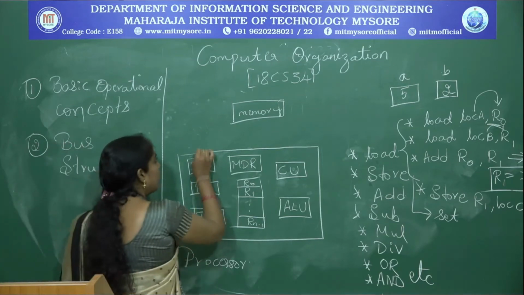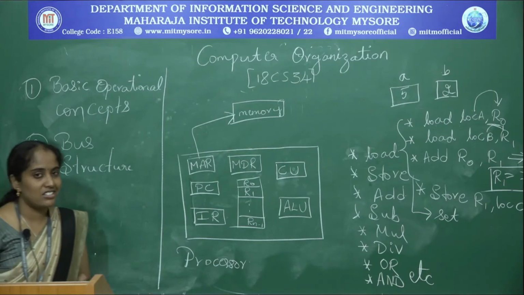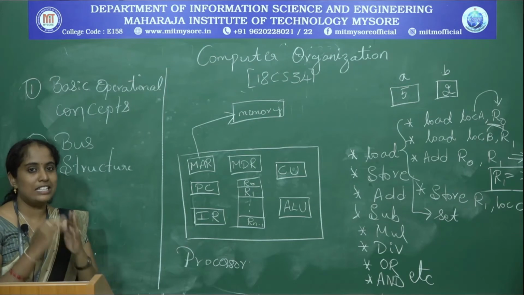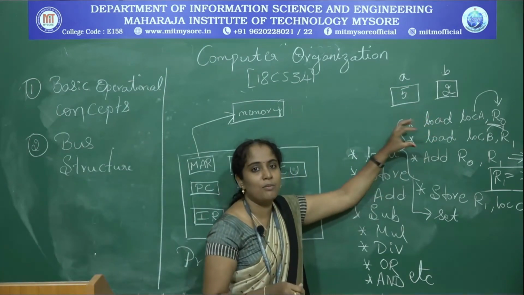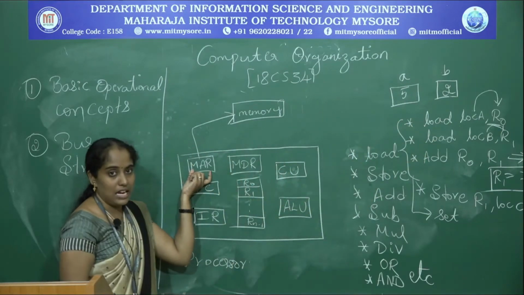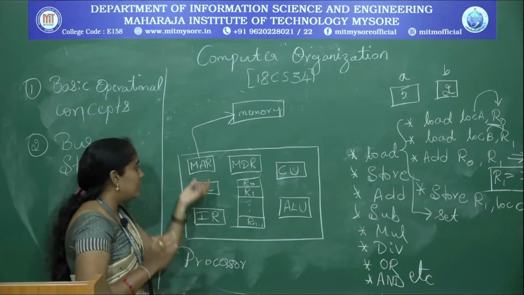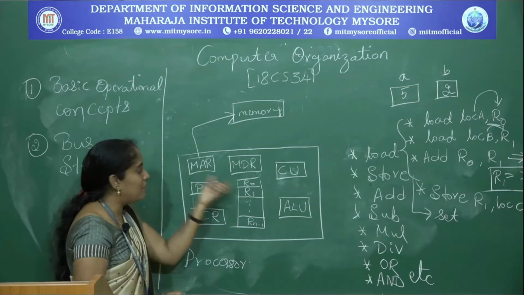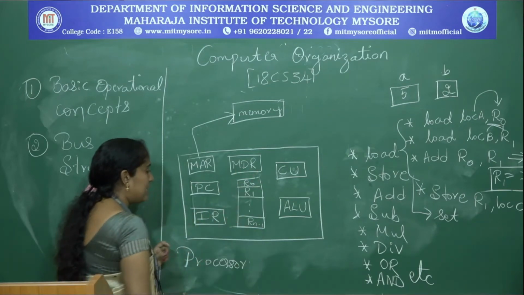Now, what is MAR, the memory address register? It contains the address of the actual data, where the instruction or actual data is present in your main memory. That address will be stored in the MAR, and the related data will be stored in the MDR, which is a general purpose register.